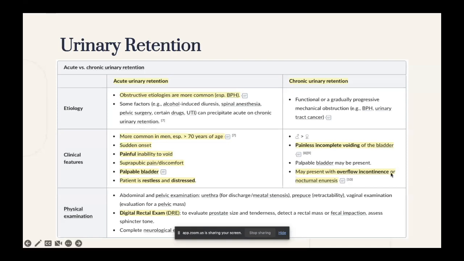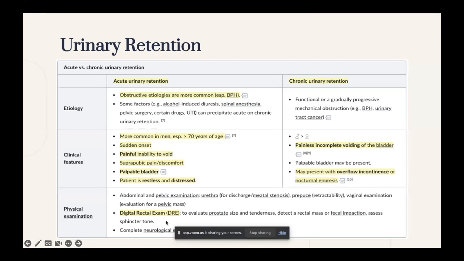This is called overflow incontinence. Nocturnal enuresis is almost the same idea. The patient is not urinating, so when he's sleeping, around 8 hours of sleep, it's bound to increase the pressure inside the bladder. So this will also cause a type of overflow incontinence.